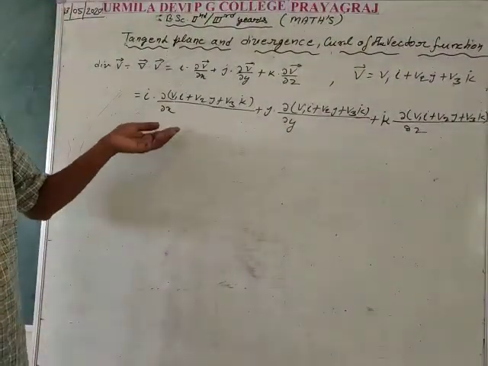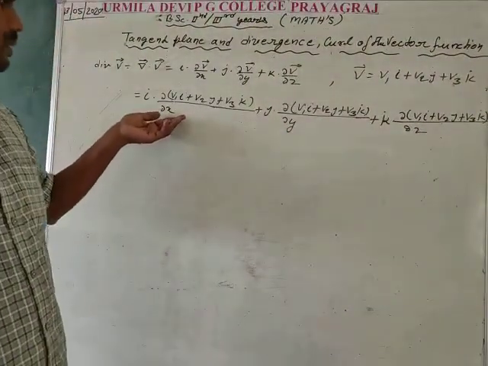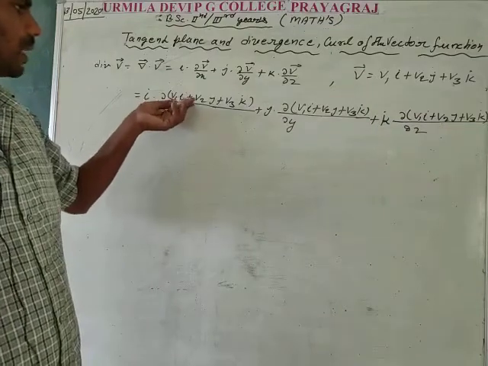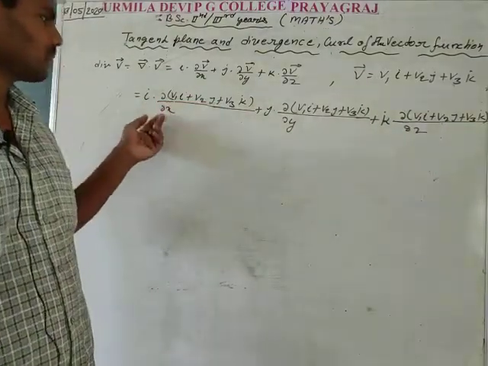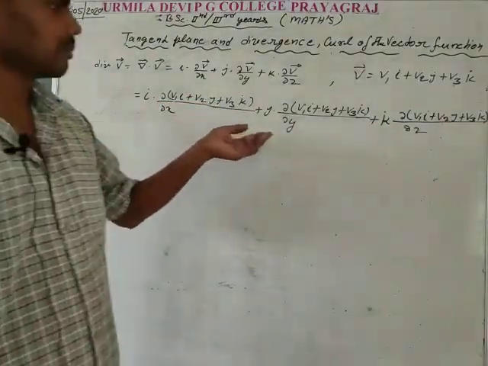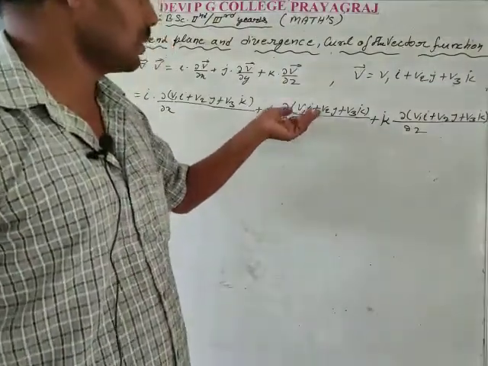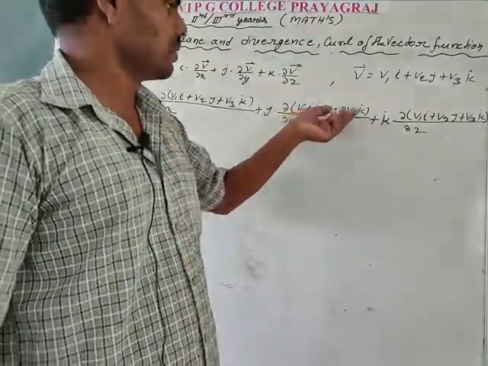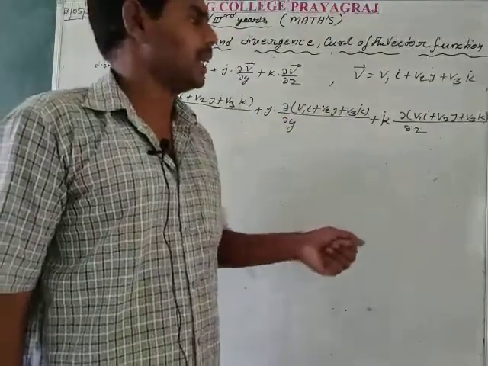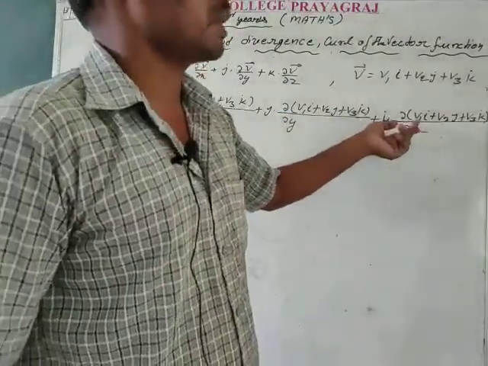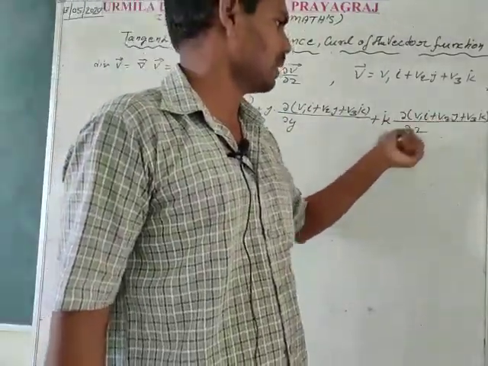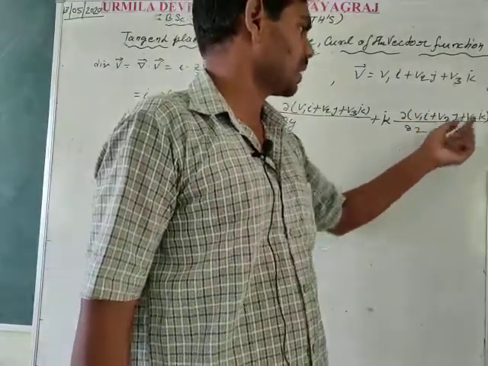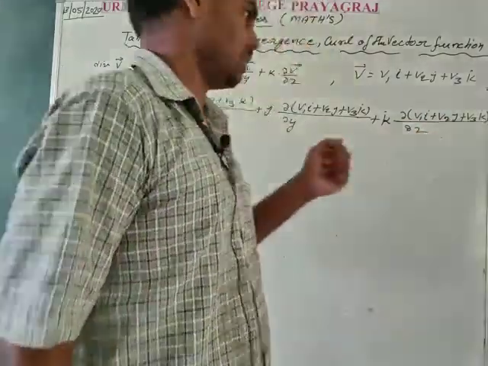So in this equation, we partially differentiate V1 i, V2 j, V3 k with respect to x, then with respect to y, and at last with respect to z.